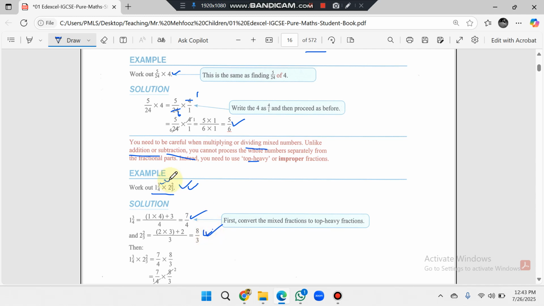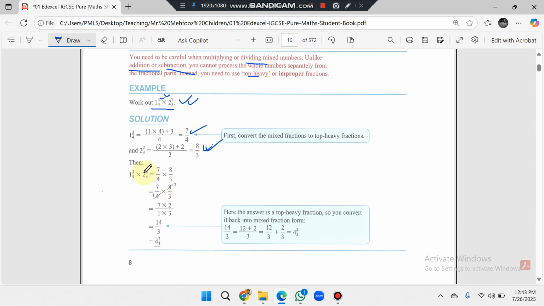Now these two fractions are multiplied, so we can write it as 7 over 4 multiplied by 8 over 3. So 4 ones are 4, 4 twos are 8. When we simplify it, your answer will be 14 over 3. So 14 over 3 can also be converted into a mixed fraction. How?